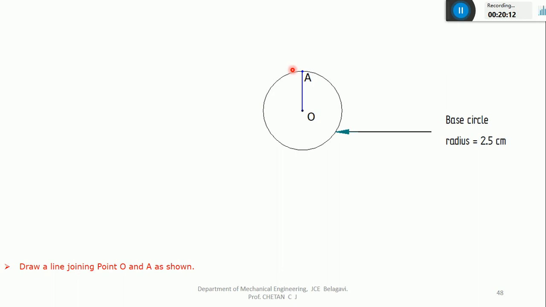But in case of a roller follower, the reference will be the prime circle. So this method is similar to the knife edge follower.